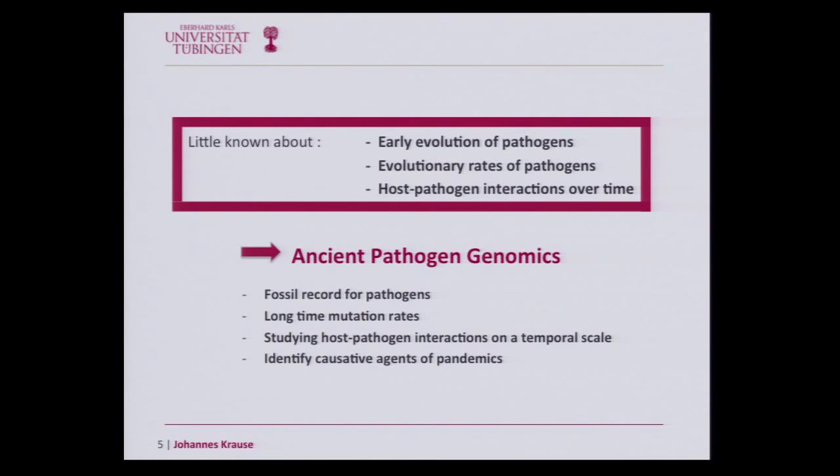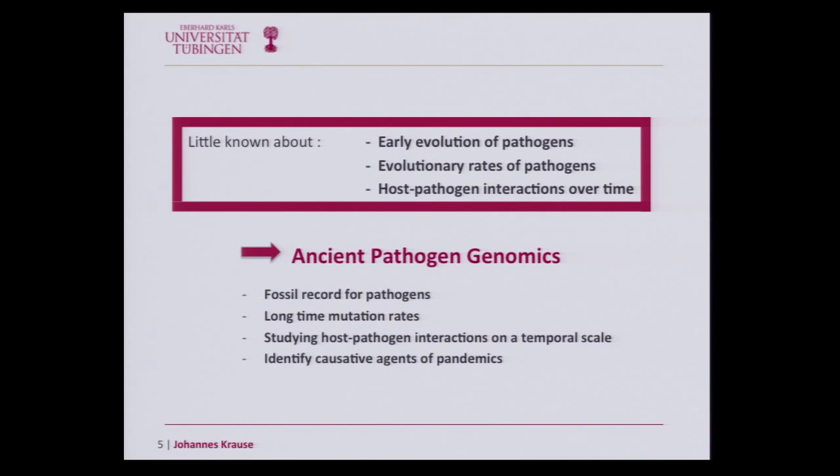And what we can also do, and that has been very important for historians, we can also provide the information what has actually caused those ancient pandemics. What were actually the pathogens that have been present in an outbreak, in a big pandemic hundreds of years ago, like, for example, the Black Death.